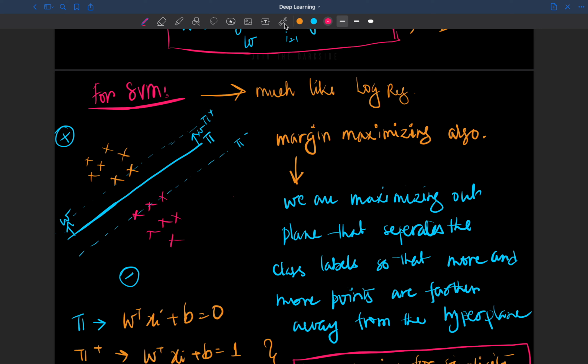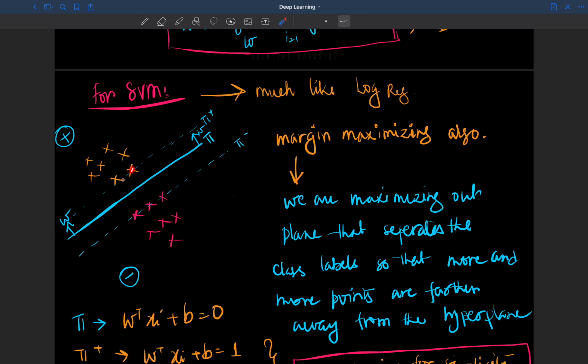So what do I mean to say is, suppose this is our positive class and this is our negative class. So we will draw another plane through the point that is closest to our hyperplane.